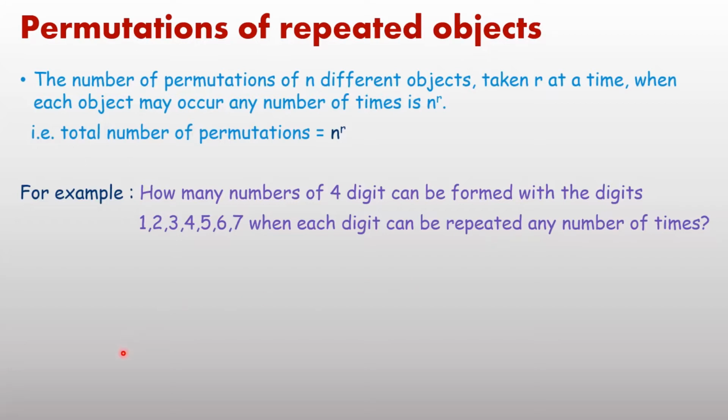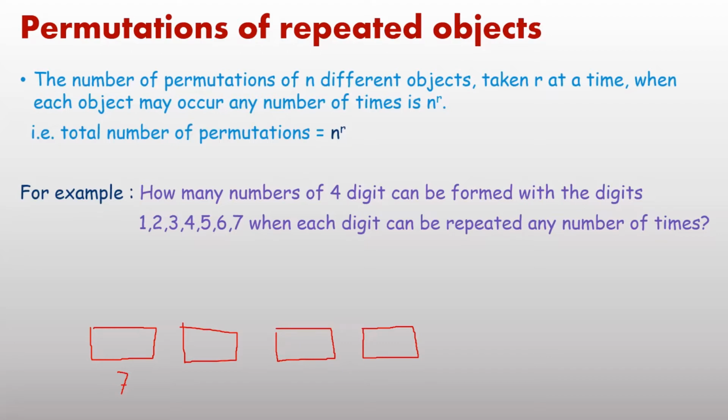Here you can easily observe you have to form a 4-digit number, which means there are 4 places: first place, second place, third place, and fourth place. Just think, in the first place how many options do you have to fill it? Since repetition is allowed, you have 7 options. Any one of these 7 numbers you can put here.